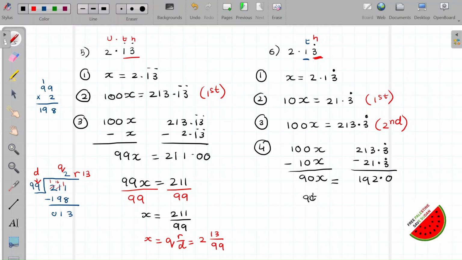Here I'm going to write it down. And then we divide both sides by 90. We can simplify here. So let's do blue. They're both even, so let's divide by 2.